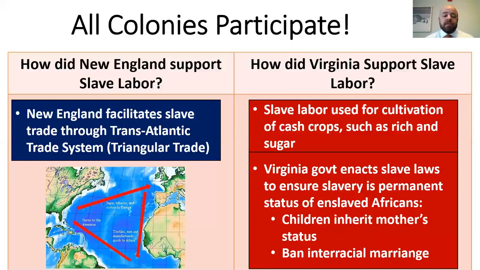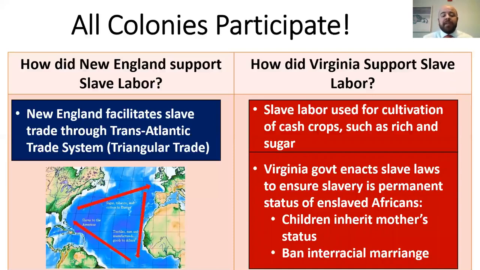So they created laws like children inherited their mother's status. So if a child was born to an enslaved mother, then that child would become an enslaved person as well. They banned interracial marriage so that an enslaved person could not gain free status by marrying a free person. And they made slavery based on skin tone, which is where we start to see race come into this.